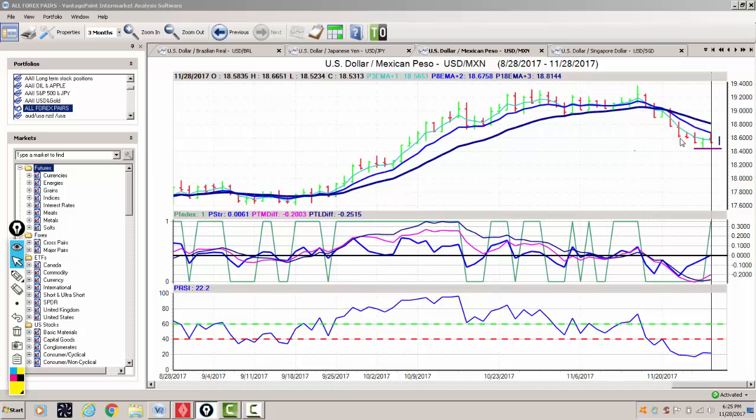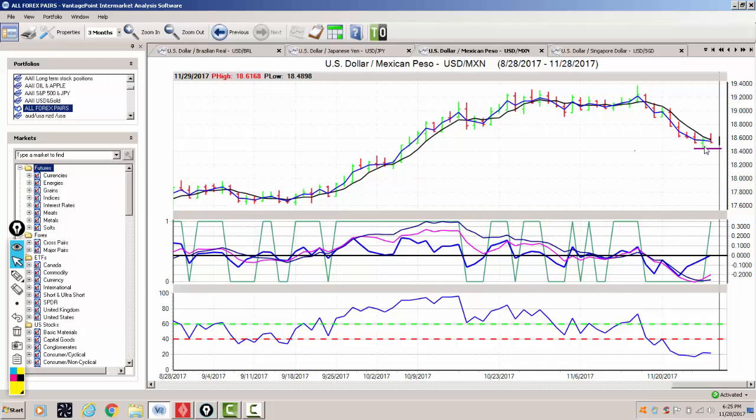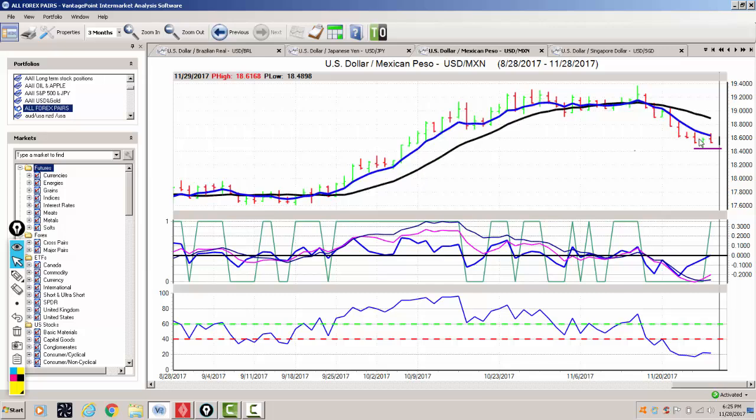I also want to see how my short-term crossover is doing. We can assess that the blue line is starting to go into a squeeze play where it's getting closer to that black line. When we look at our medium-term crossover or our longer-term crossover, the same situation. The further the blue line moves away from the black line, the more likely it is to retrace.